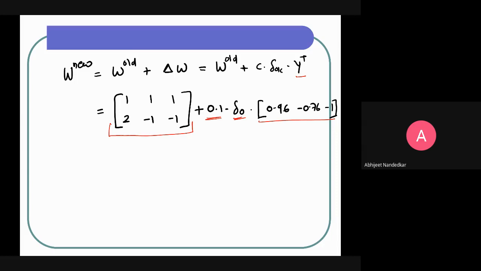It is the outer product of two vectors, so this will give you a matrix.